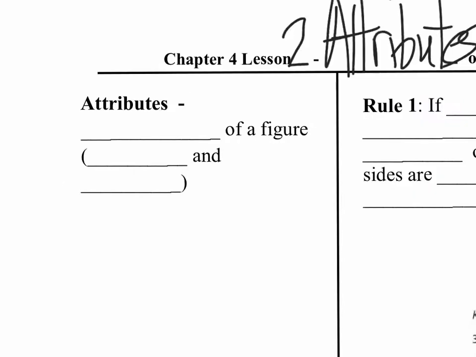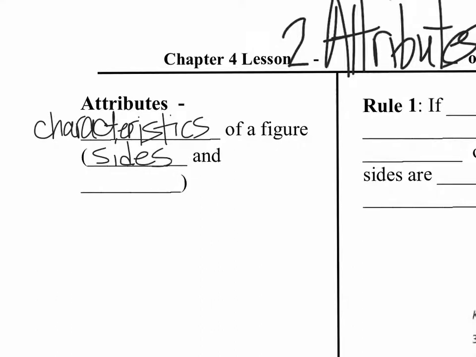Attributes are characteristics of a figure, and when we're talking about math and shapes, we're looking at sides and angles.